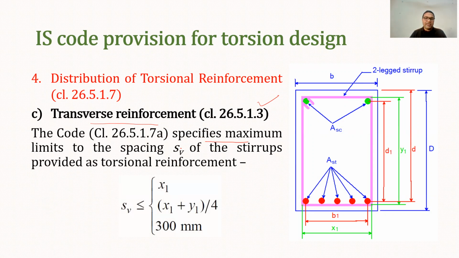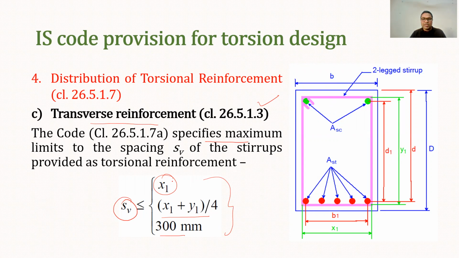It says that the spacing Sv of the stirrups should be less than or equal to (x1 + y1)/4 or 300 mm, whichever is less. First we will calculate the spacing and then compare it with these three values, and we will take the value of spacing whichever is the lesser one.